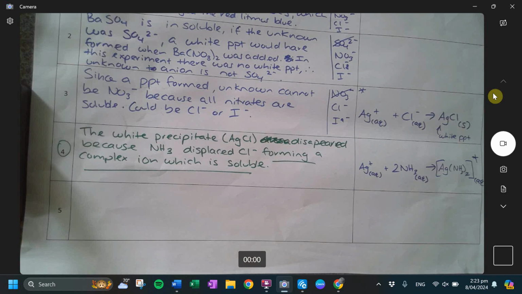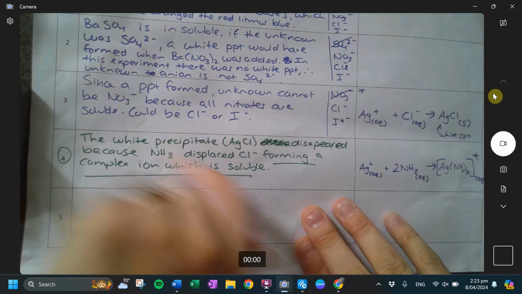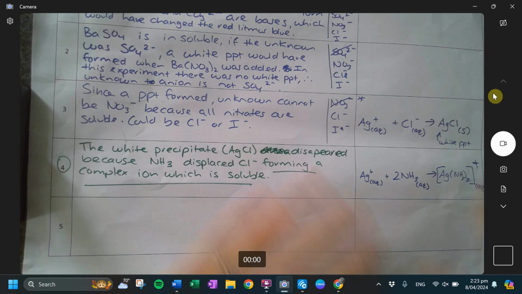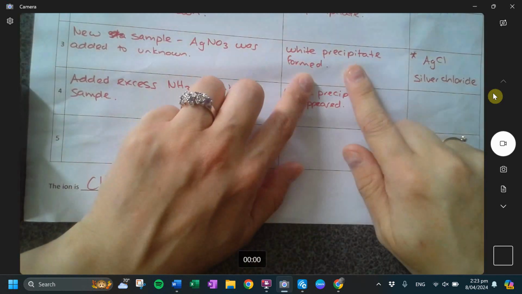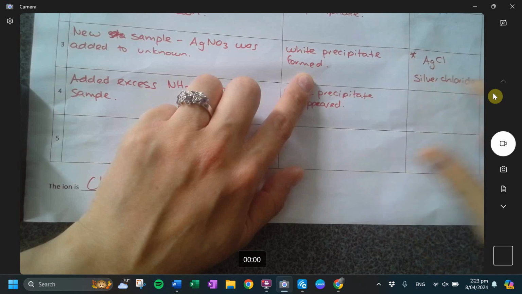Other things to keep in mind is that some people did not link their observations to what was causing it. So understanding what is that white precipitate? I need to know what it is. You have multiple ways you can showcase that. You can write it over here in your justifications. You can write it over here, and you can be clear that that is my white precipitate because I've done my observations, and then this is my precipitate that I've identified from it.